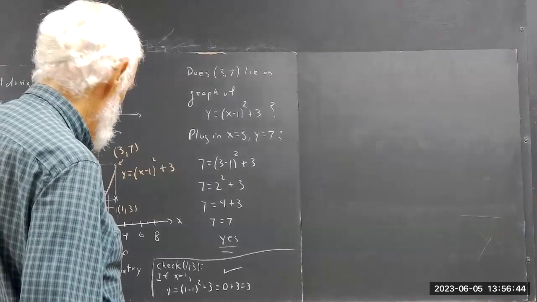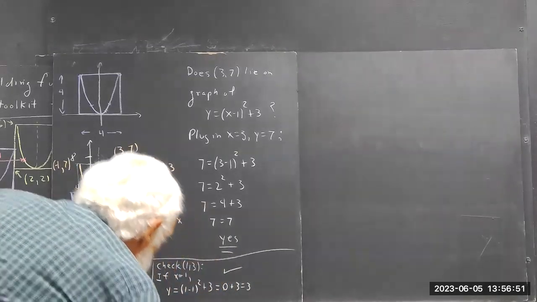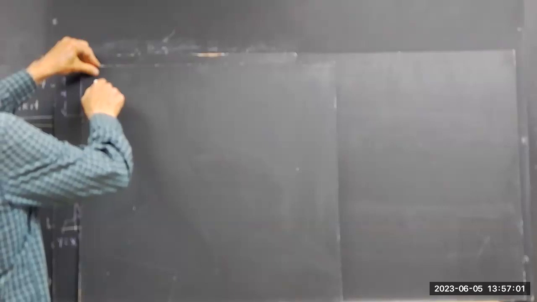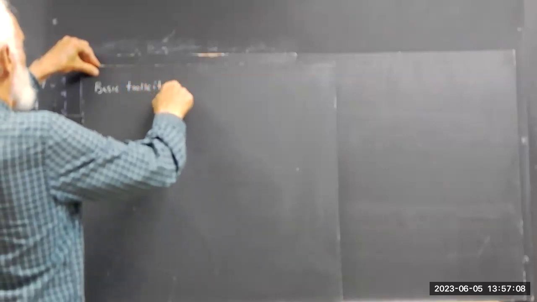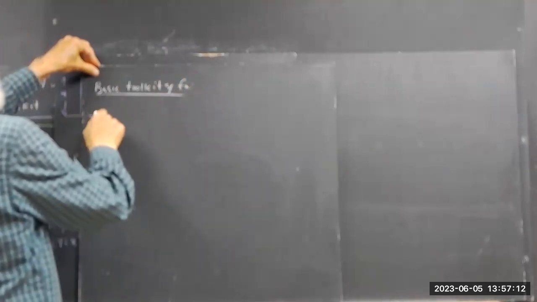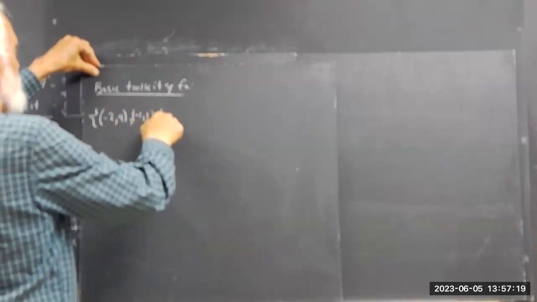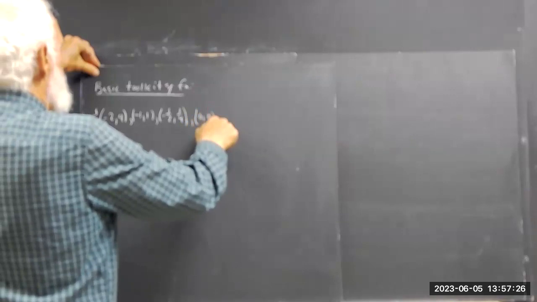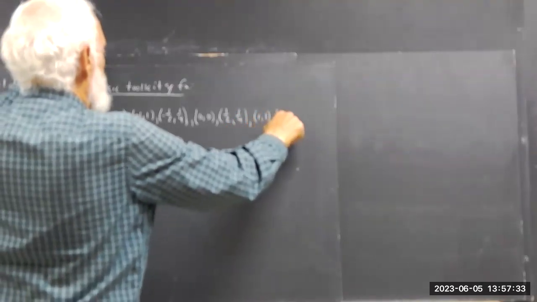Hopefully you listed those. The basic toolkit square function, remember, is negative 2, 4, negative 1, 1, negative 1/2, 1/4, 0, 0, 1/2, 1/4, 1, 1, and 2, 4.